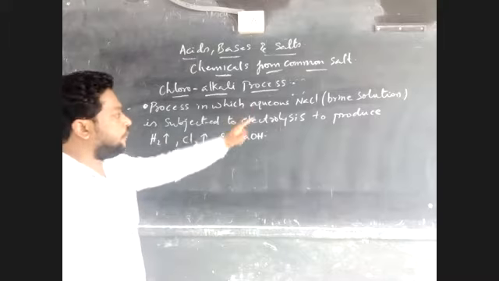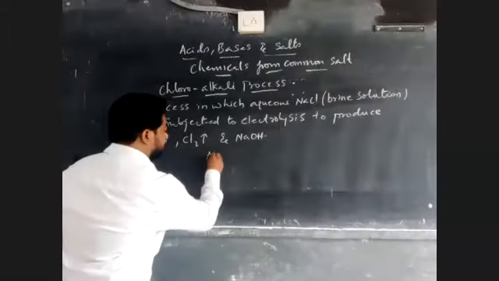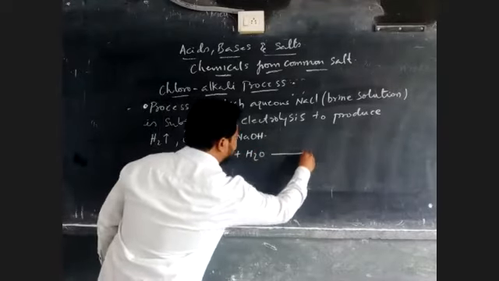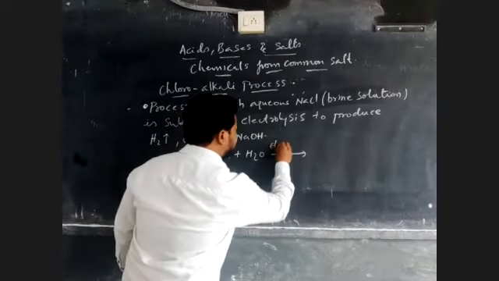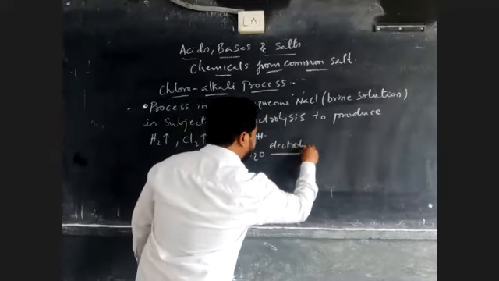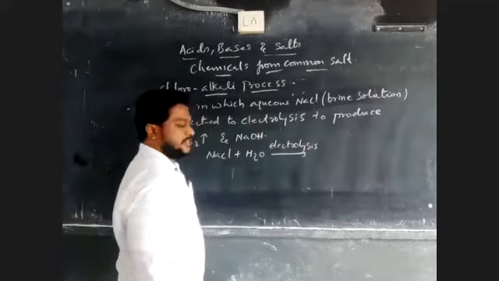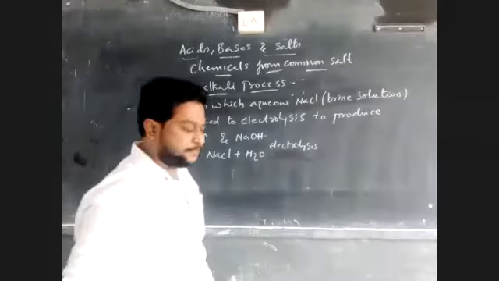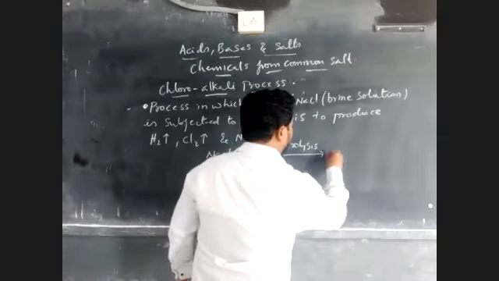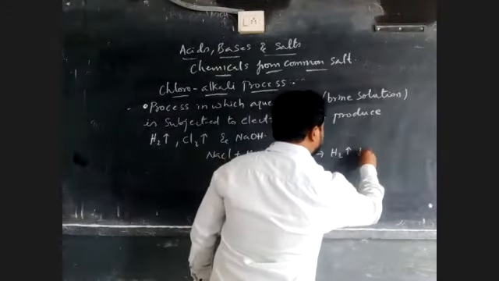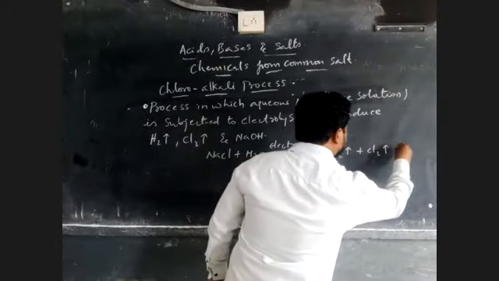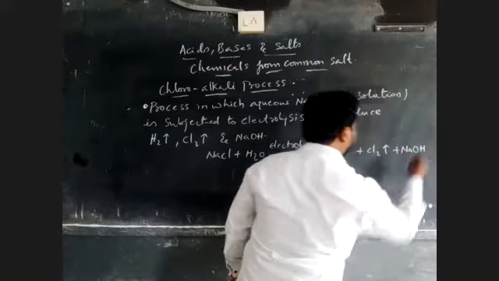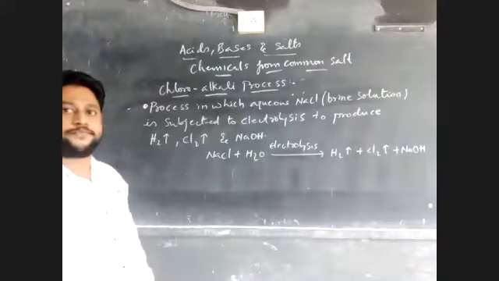When aqueous NaCl, that means NaCl in water, is subjected to electrolysis, it produces hydrogen gas, chlorine gas, and NaOH.